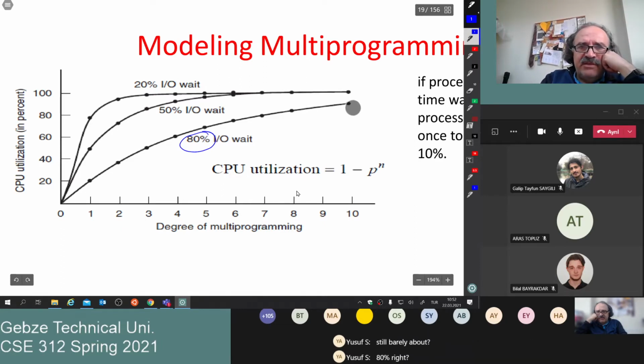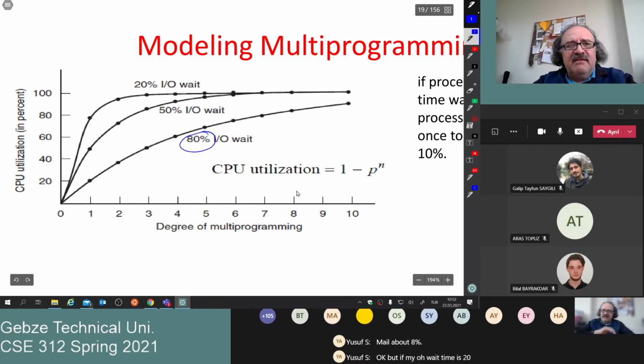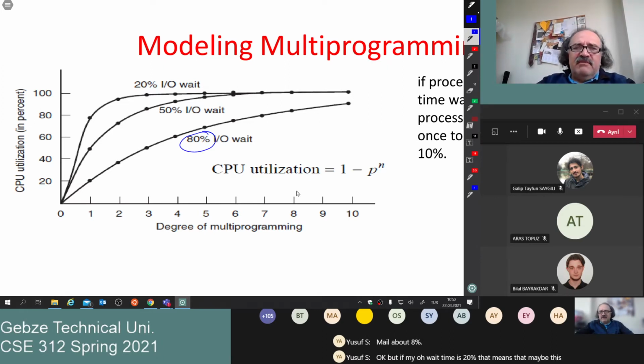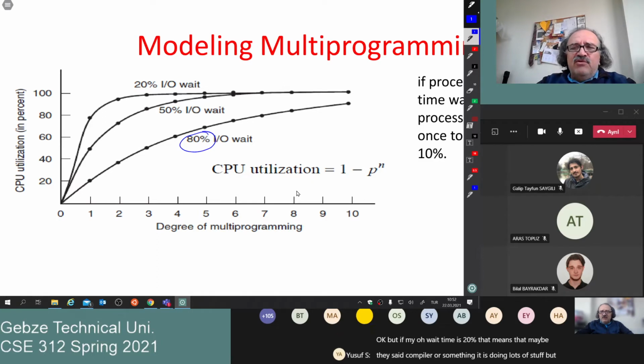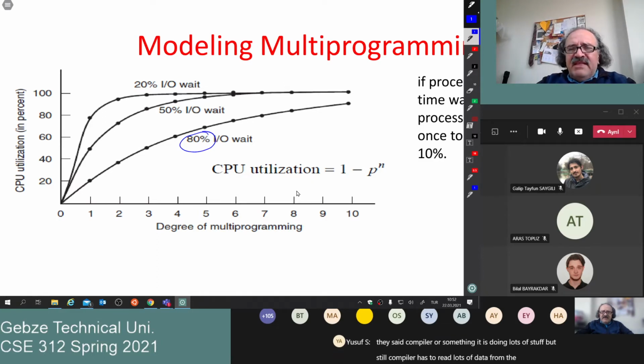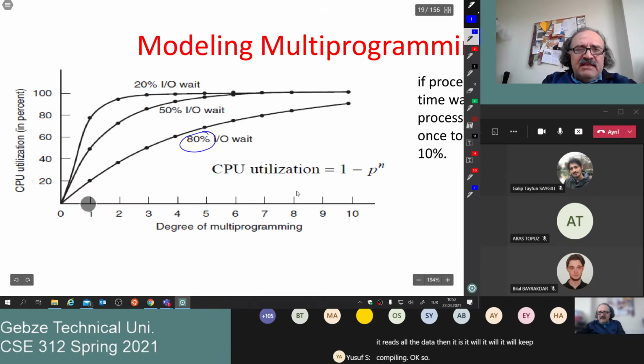But if my I/O wait time is 20%, that means maybe this is a compiler or something. It is doing lots of stuff, but still the compiler has to read lots of data from the disk. But once it reads all the data, then it will keep compiling. So if I have a single process, I am utilizing my CPU 80% of the time. If I have two, it is well above 90%.